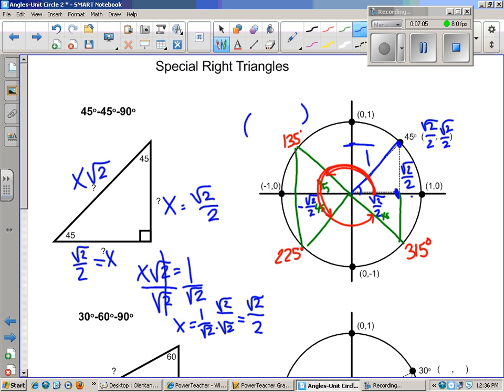So that's negative square root of 2 over 2. And this one is also square root of 2 over 2. Is it negative? Because we're going from here to here, that's in the positive direction. So my x is going to be negative square root of 2 over 2, and my y is going to be positive square root of 2 over 2.